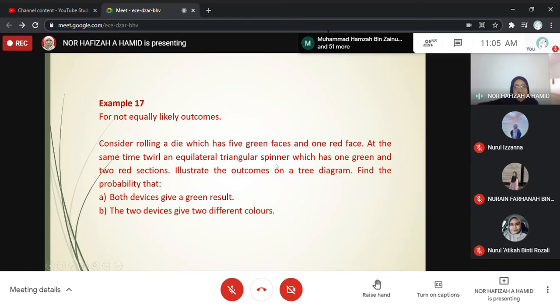Then you have a spinner. The spinner has 1 green and 2 red sections. You need to illustrate the outcomes on a tree diagram, so we can draw the tree diagram based on the die and the spinner.